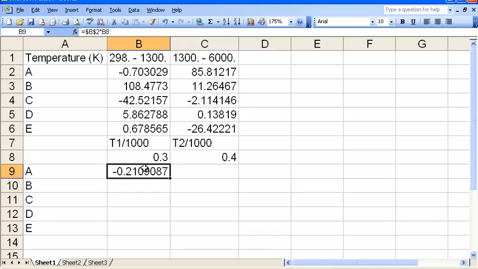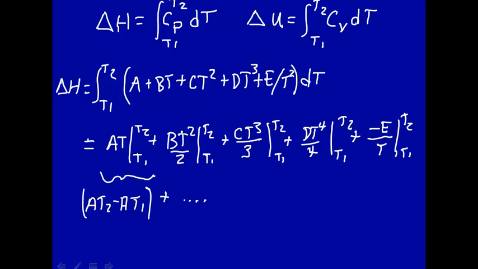All right, so there is A times T. Good. This will be equal to B times T1 squared divided by 2. Remember, I'll just go check that. So this is BT squared over 2, evaluating T2 and T1.